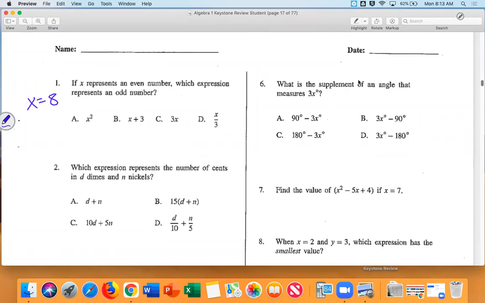What's 8 squared? 8 times 8 is 64. Is that odd? No. 11, is that odd? Okay, let's go with that. 3 times 8, is that odd? 8 divided by 3, is that odd?